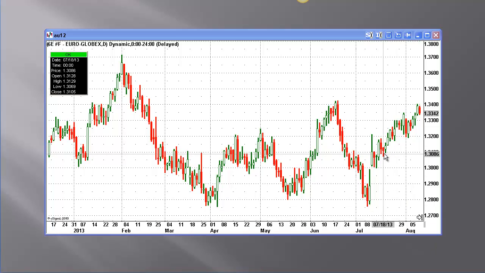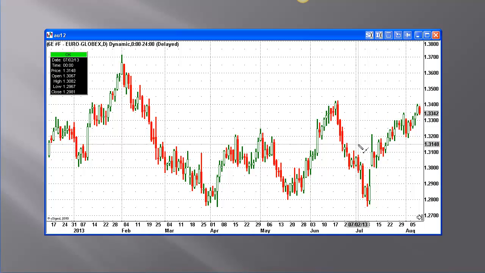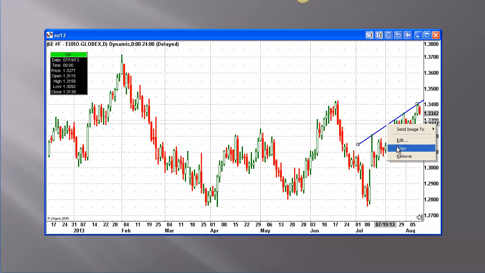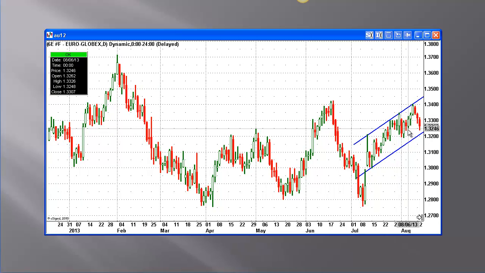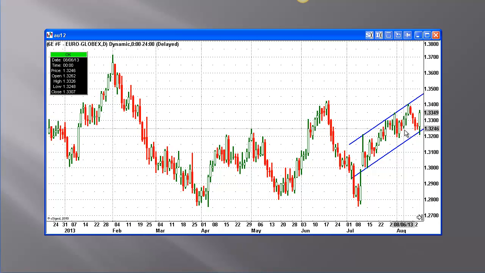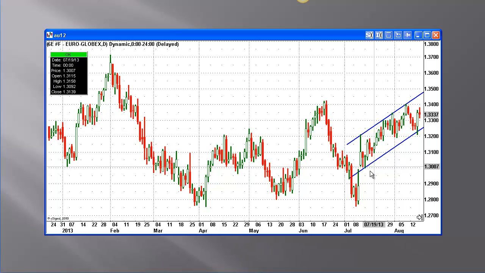Sometimes the channel lines are within market moves. And on a short-term basis, a lot of times these are only good for a single touch, because once they're known at this stage, then they're obvious.